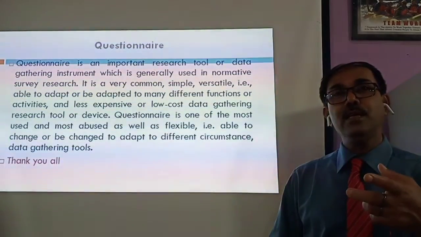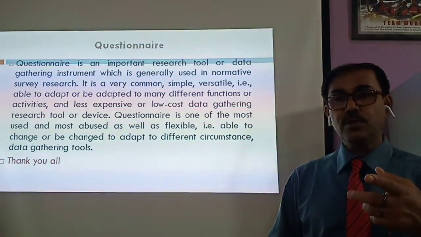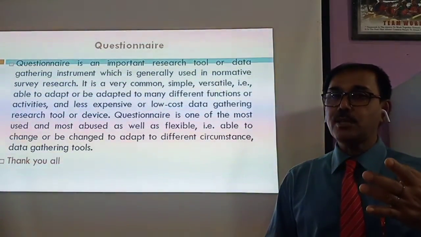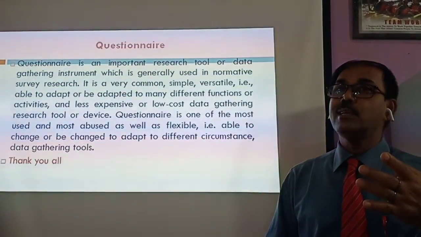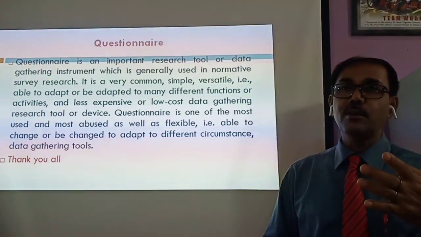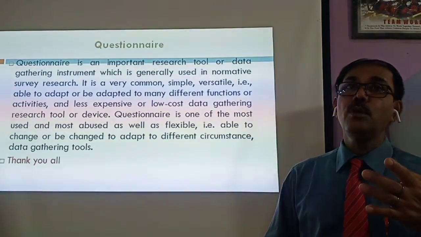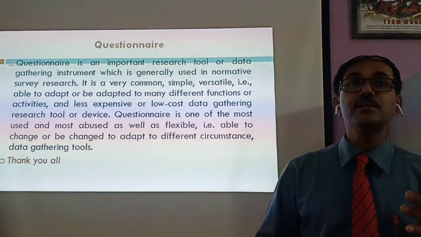And basically, when the researcher applies the normative survey research method, a questionnaire may be prepared and applied as the data gathering research tool.